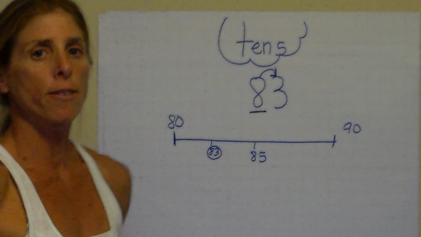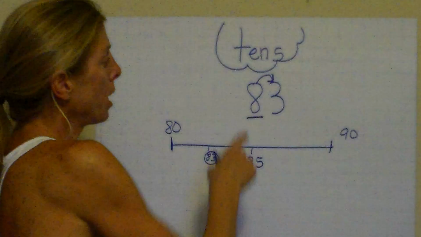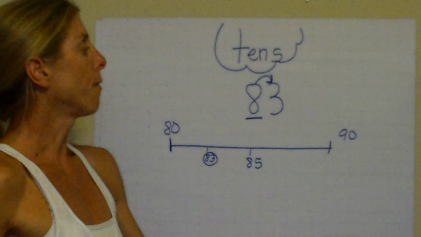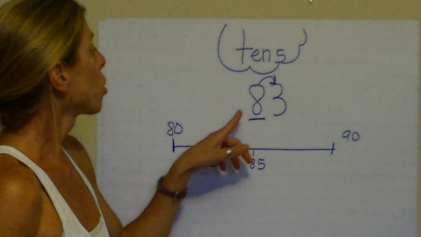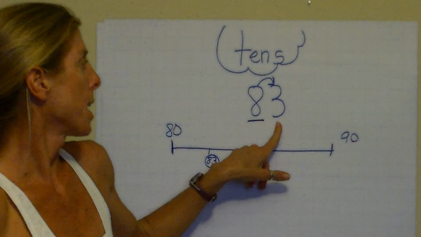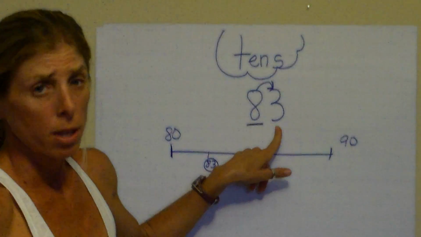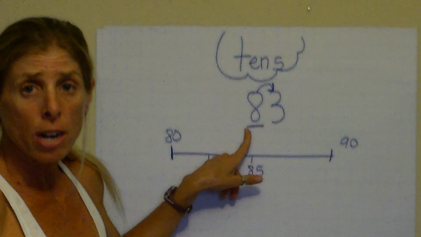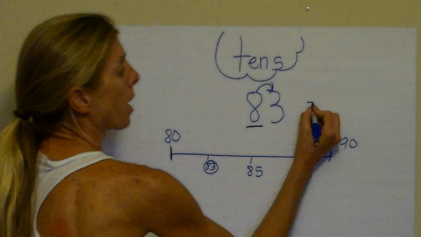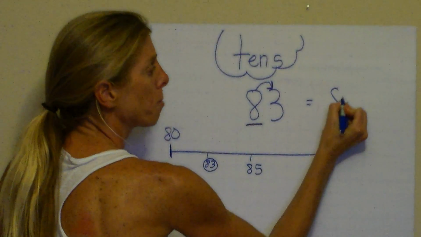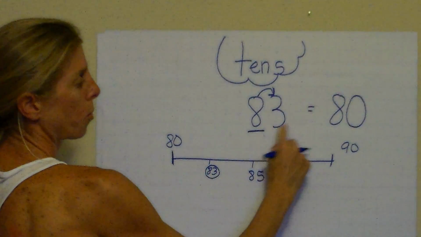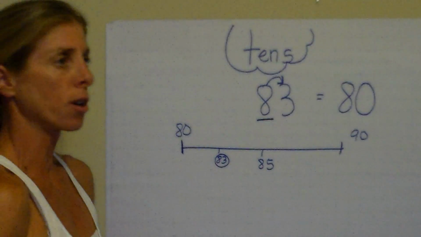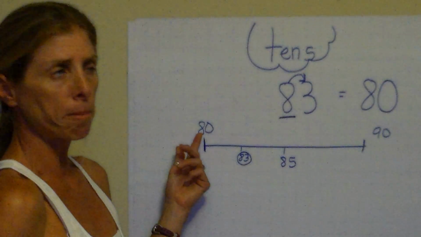If that number is a 5 or above, you give the underlined number a shove. If it's 4 or below, you leave it alone. So its buddy is 4 or below, so I'm going to leave that underlined number alone. And everything after it becomes a big, fat 0. So there's only one place value after, that's where you get your 0, which is what we had when we had the number line.